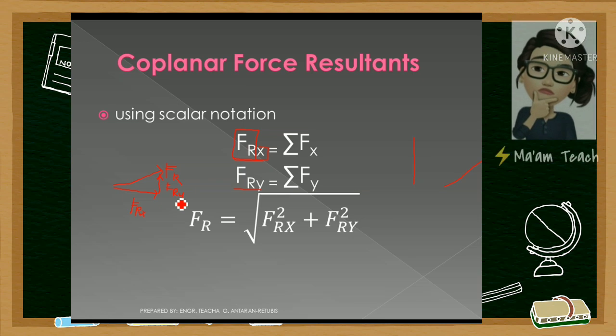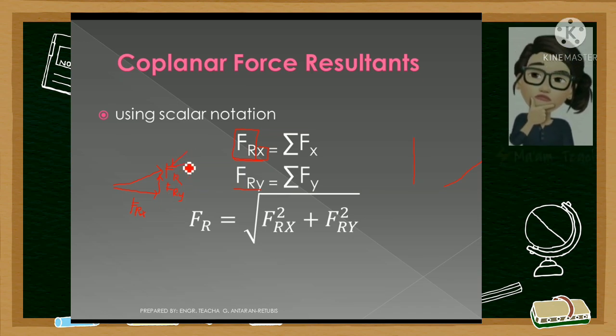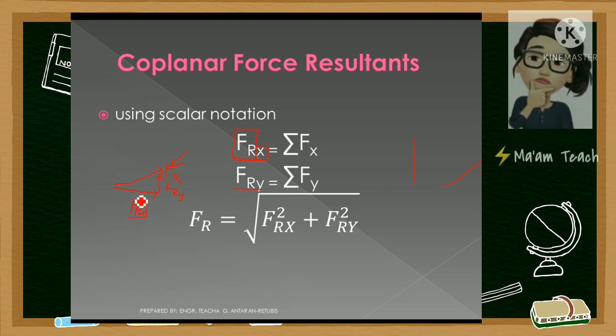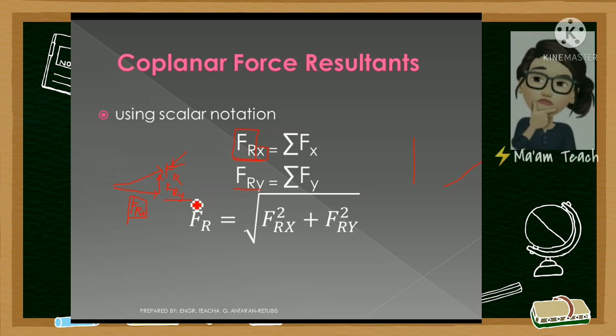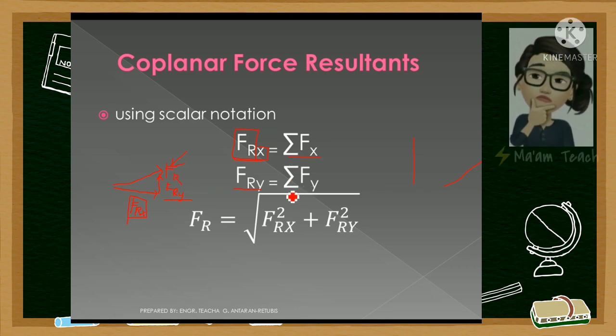Okay? And since our target is to solve for the magnitude of F sub r, given this, why did I say that frx and fry are given? Because class, they can be solved easily by simply summating all the f of x and summating all the f of y.